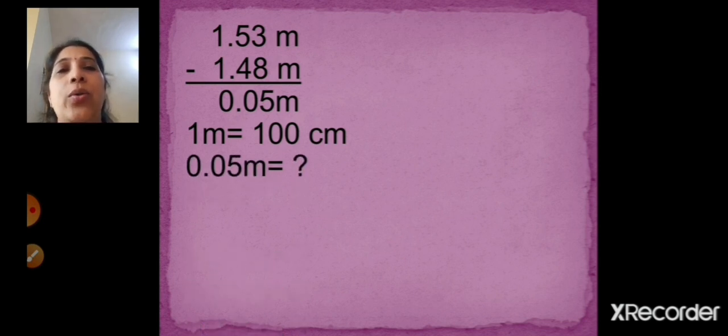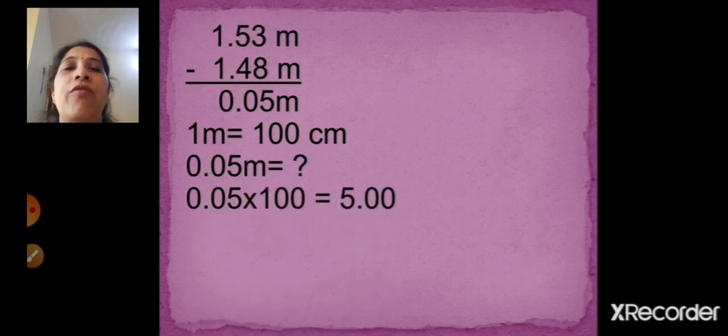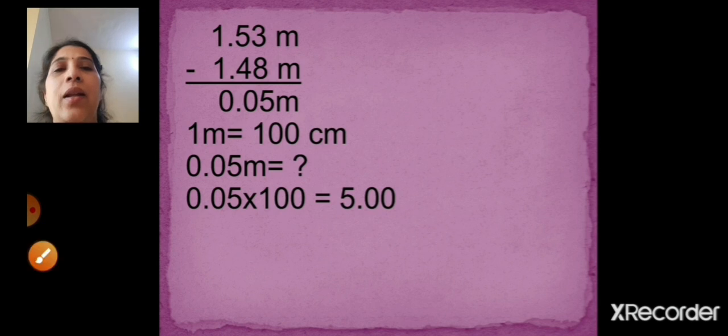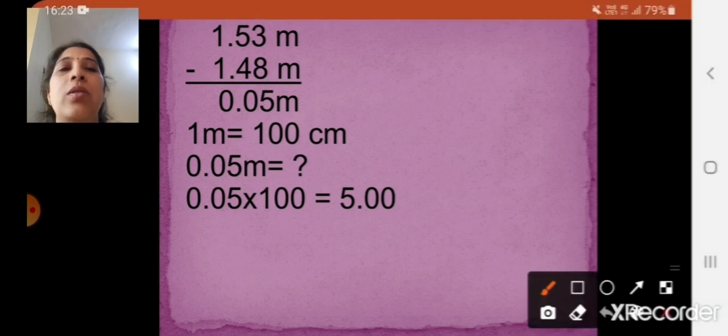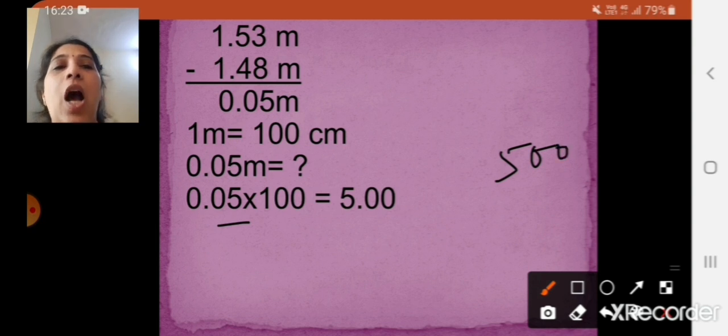So we are going to do cross multiplication. So 0.05 into 100. Now you forget about the decimal point. Just think 5 into 100. So 5 into 100 is how much? 500. Right? Now how many decimal places are there over here? 0 and 5. So 2 decimal places.